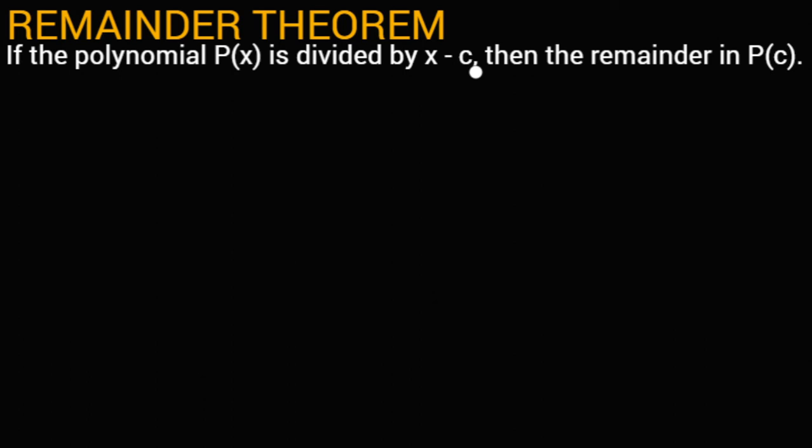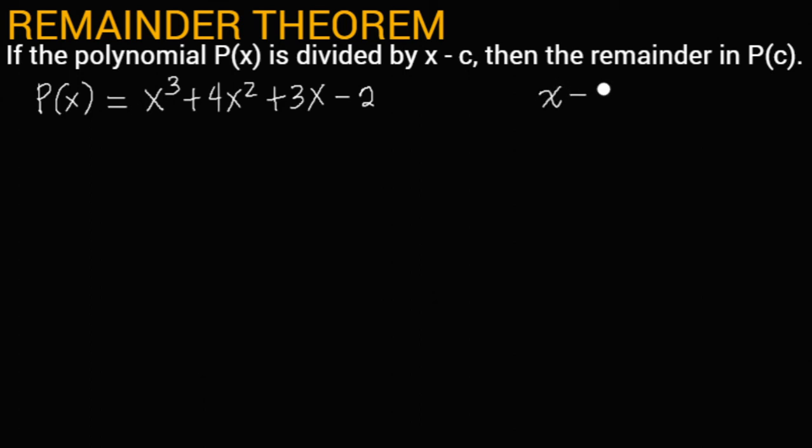Now, let us have an example. If we have a polynomial p of x, okay, is equal to x cubed plus 4x squared plus 3x minus 2, and our divisor is x minus 3.